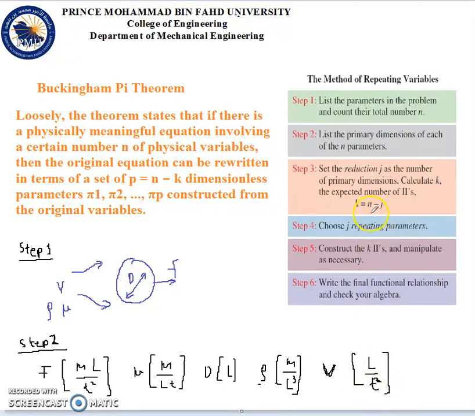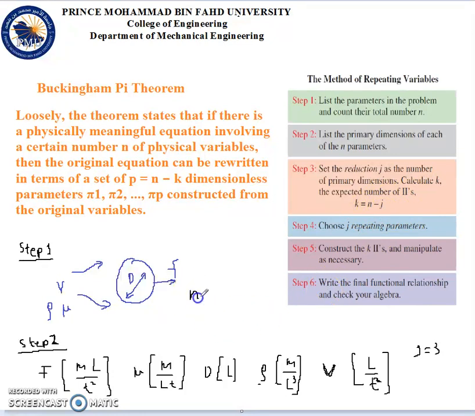The third step is to set the reduction j as the number of primary dimensions. So the primary dimensions repeating themselves here are mass, length, and time. j equals 3. Now we need to calculate k, which is the expected number of pi's, as k is n minus j.